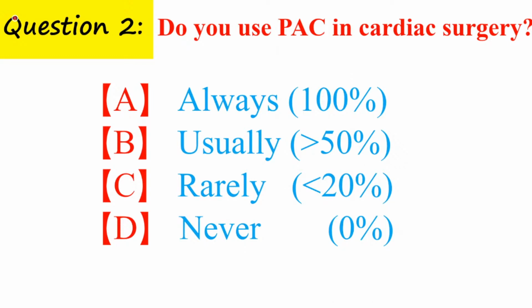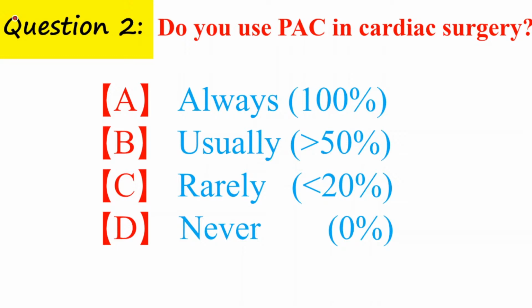May I answer your question first? Sure. For my working experience, my number is probably between 50% and 20%. So it's usually, but not more than half, I think. Okay, your answer is B minus, C plus. Yes, thank you. But in my hospital, we do lots of organ transplantations.